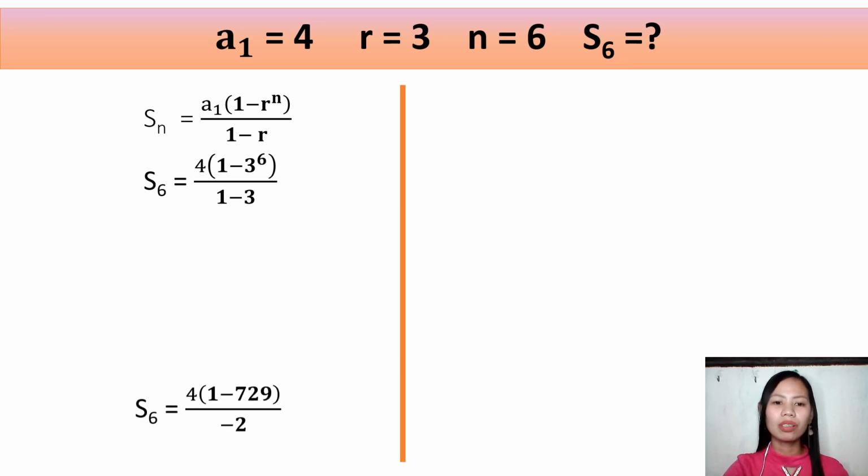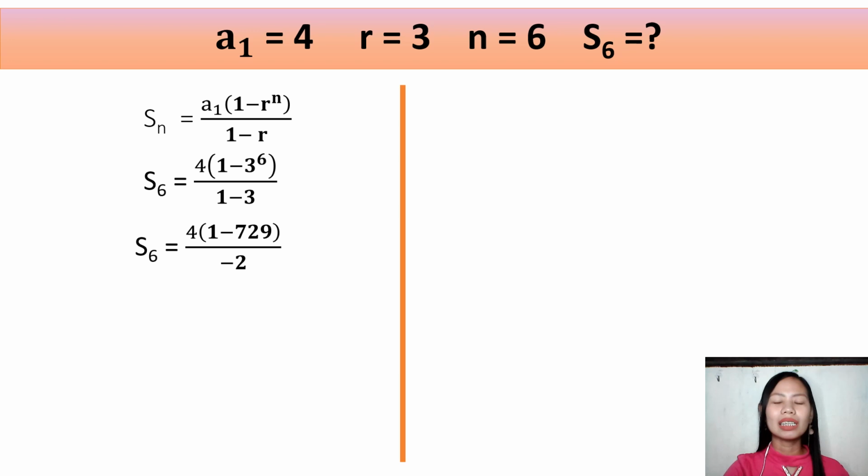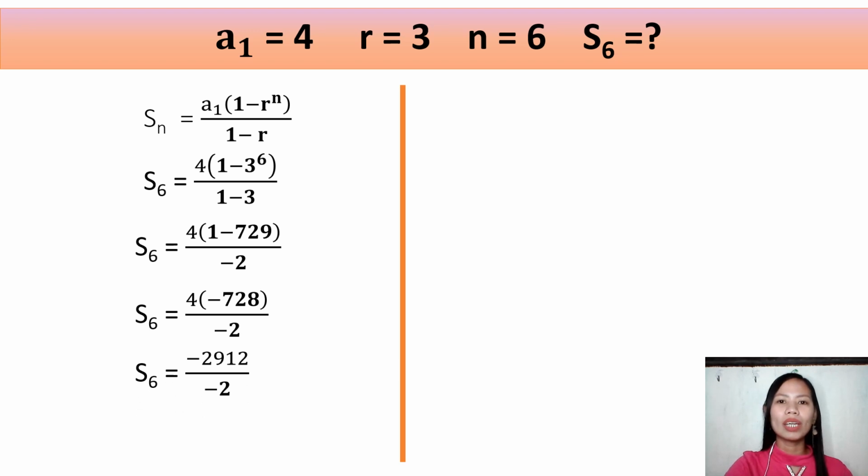So we have S sub 6 equals 4 times the quantity of 1 minus 729 all over negative 2. So simplify 1 minus 729. We will come up with 4 times negative 728 over negative 2. 4 times negative 728, the answer is negative 2,912.